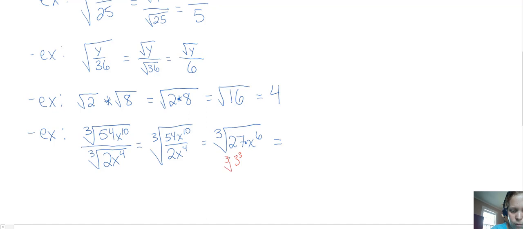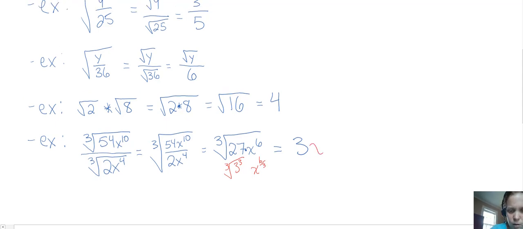So the cube root of 3 cubed is just going to be 3. And then I'll write out this one. So how about this one? Let's think about this in terms of a rational exponent. 6 divided by 3. This is going to be x squared. So 3x squared is what that simplifies to.